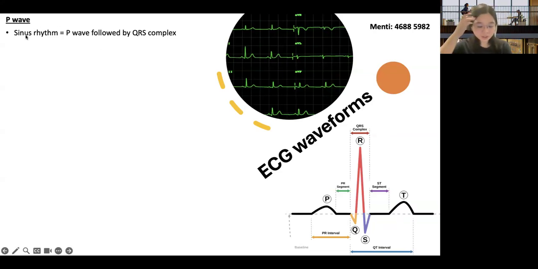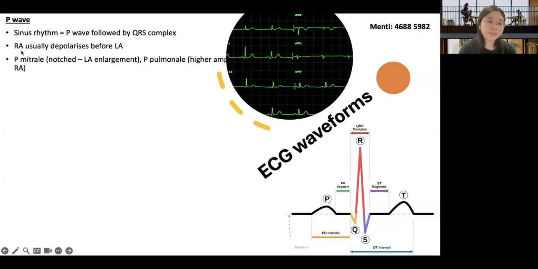It's good to mention that a sinus rhythm is present. So if a P wave is always followed by a QRS complex, you can just say, yeah, that's a sinus rhythm. The right atrium usually depolarizes before the left atrium, but if there is any disruption in that, you can have P mitrale or P pulmonale.